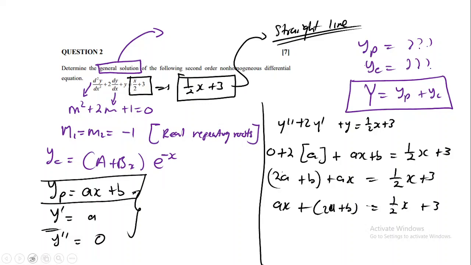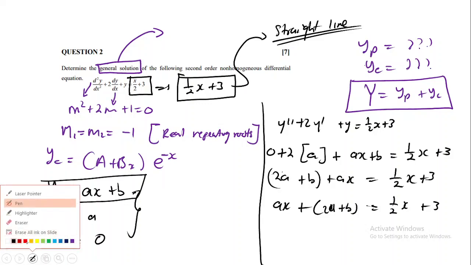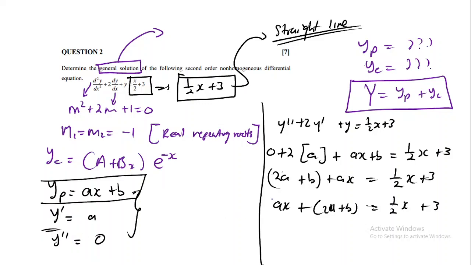So we are going to compare your right hand side and your left hand side. You can see that a represents the coefficient of x. Even on our right hand side, you can see that half represents the coefficient of x. What does this imply? This implies that a is equal to 1 over 2. Okay, cool. So let's go to our constants. 2a plus b is our constant, and 3 is also a constant.